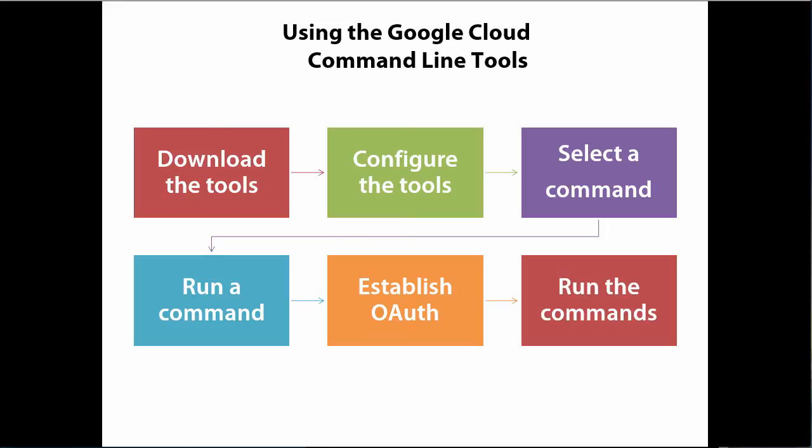And then you configure the tools, select a command, run that command, establish OAuth 2.0, or authentication and authorization, which we'll touch on lightly because a lot of it's been automated. One of the improvements in the tools that I've seen over the past year since I last did a screencast on this is that Google's made this OAuth handshake quite a bit easier than it used to be, so I'm happy to see that. And then you run the commands.